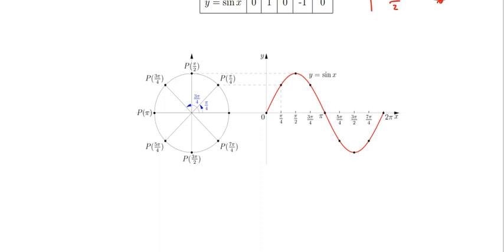But for us, roughly, we just pick these 5 points: 0, 1, 0, -1, 0. So this is sine.